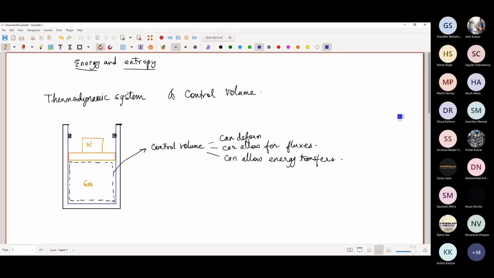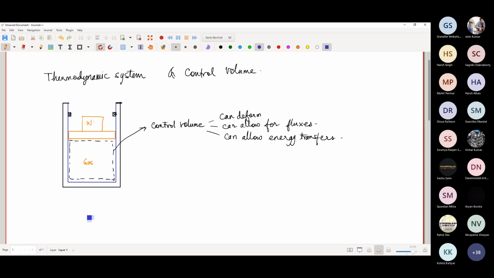Say that I now take a Bunsen burner, okay, and I light it on fire. Okay, there's a flame. So now what do you expect? The system is acted upon by the atmospheric pressure plus whatever the weight of the block is onto this gas. But as the temperature of the gas increases, the pressure inside will also increase, and slowly this weight will shift upwards, right?